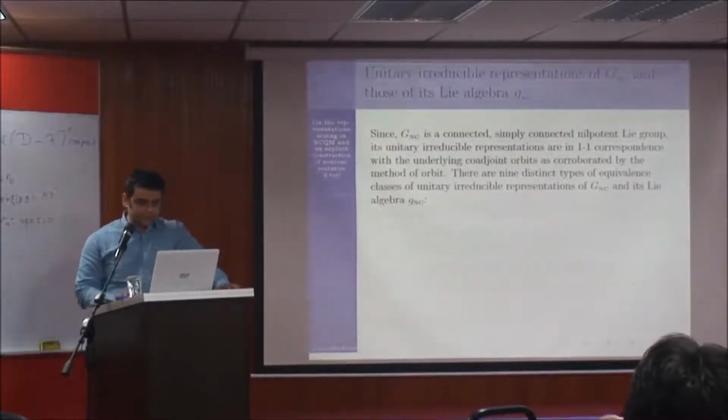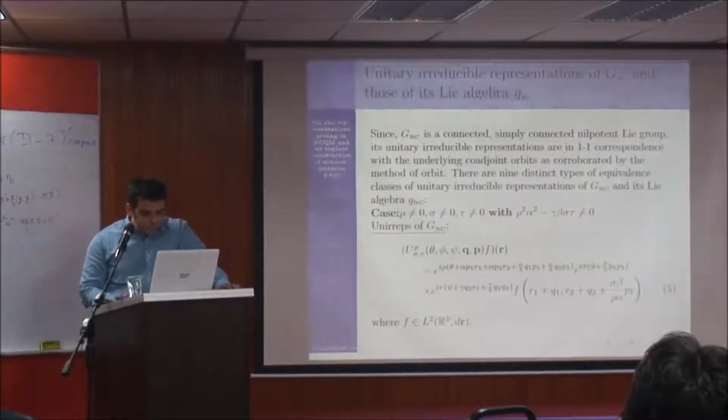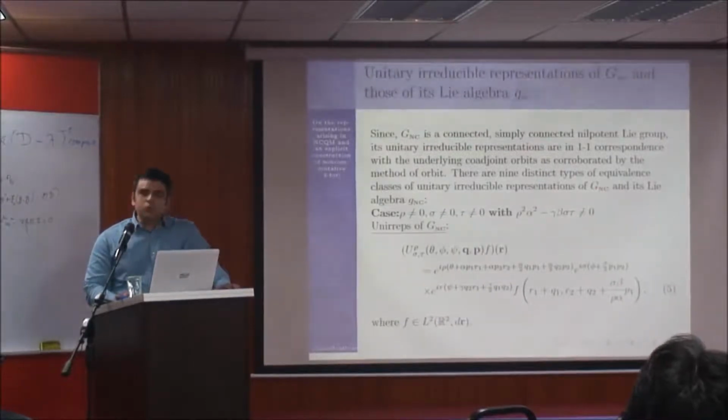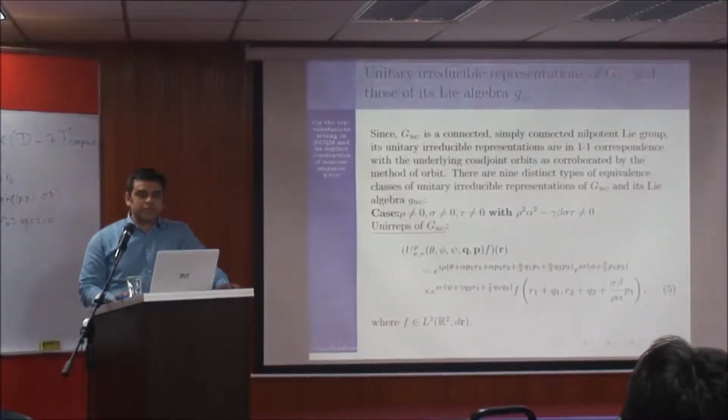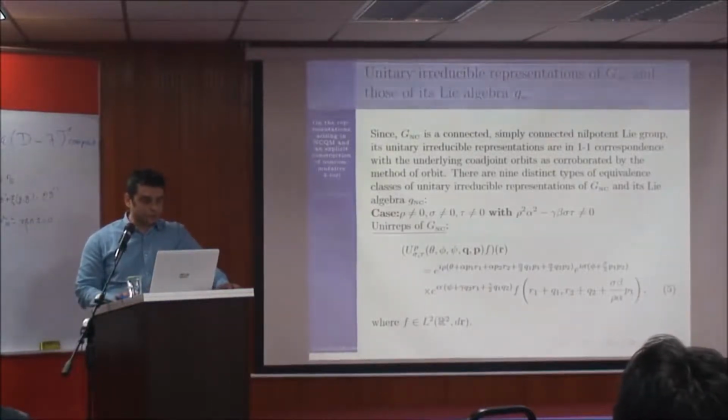Other than that, it's a straightforward computation by which one can compute the unitary irreducible representation associated with each coadjoint orbit. They are in one-to-one correspondence by a theorem by Kirillov.